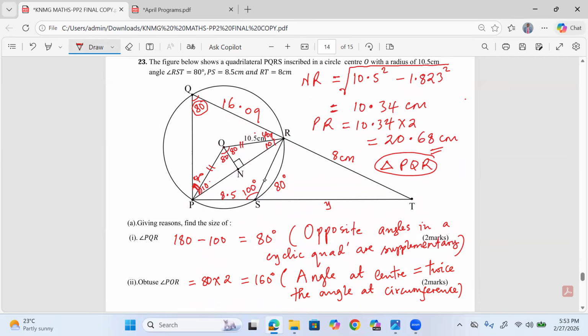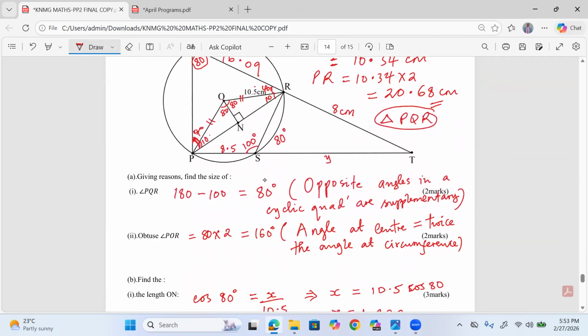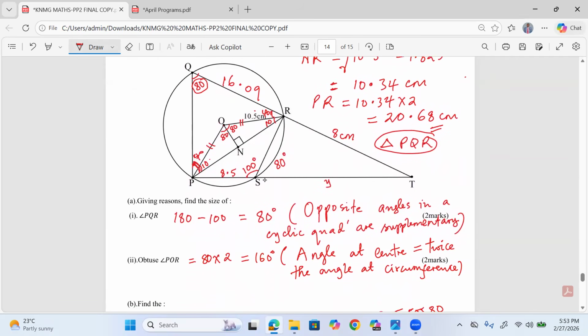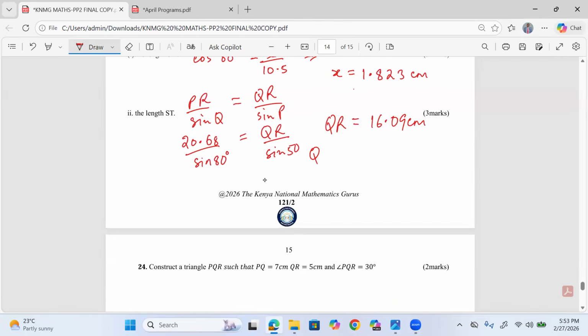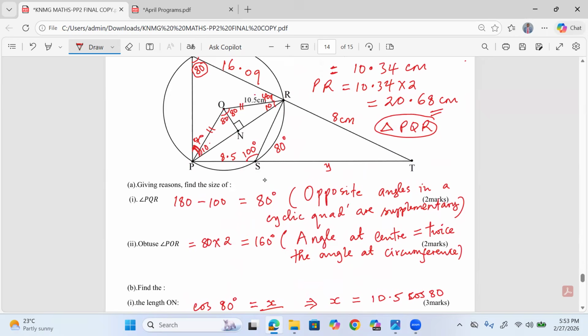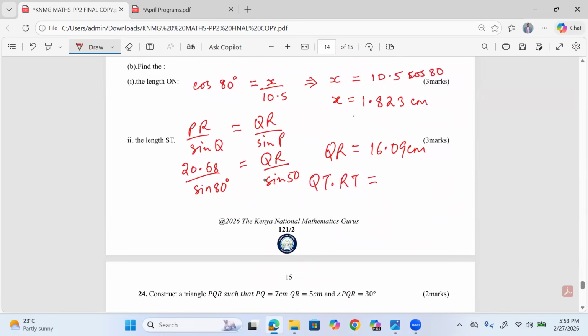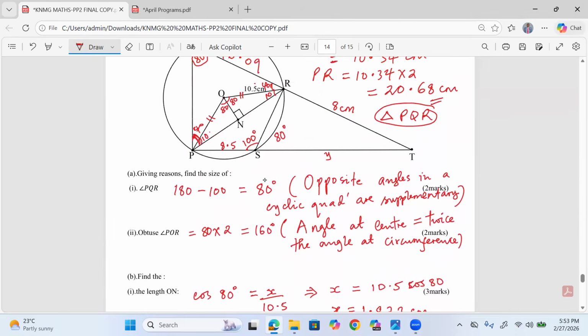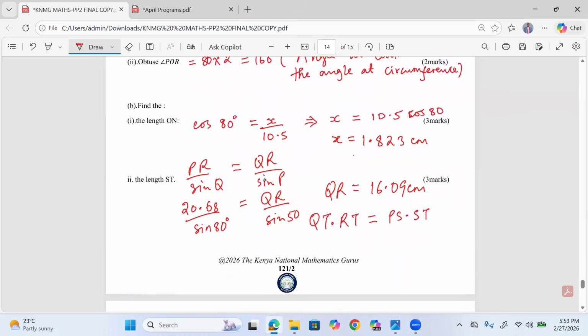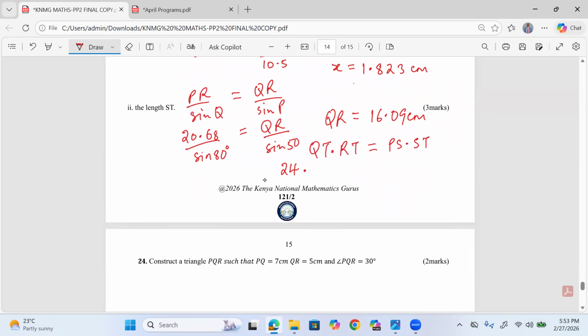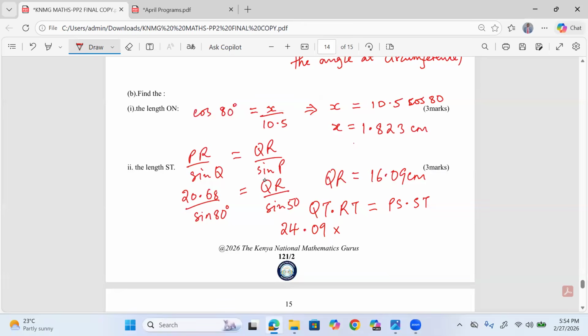RT is 8. So now we can consider intersecting chords, chords intersecting externally. We usually say the total length QT times RT should be equal to the other chord PS times ST. So QT equals 16.09 plus 8, that becomes 24.09, multiplied by RT, which is 8.